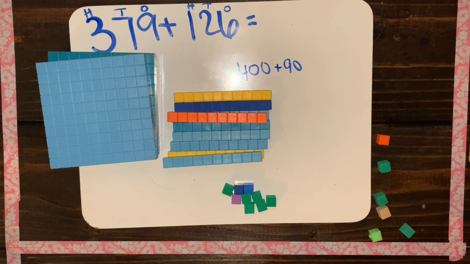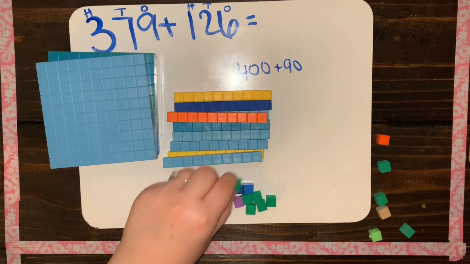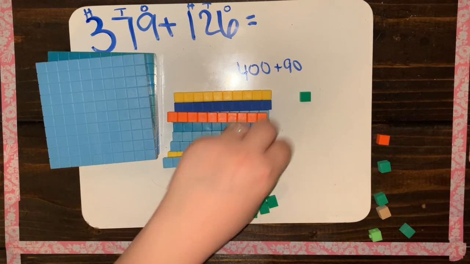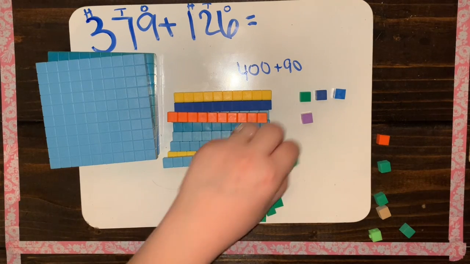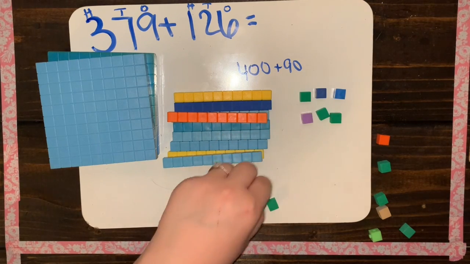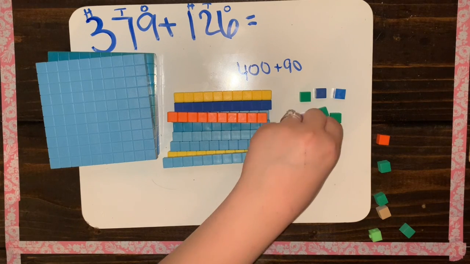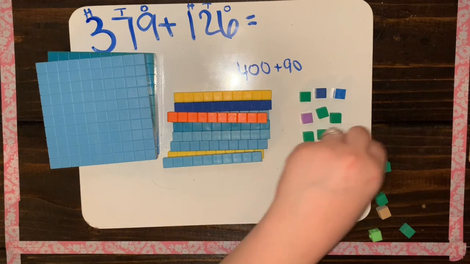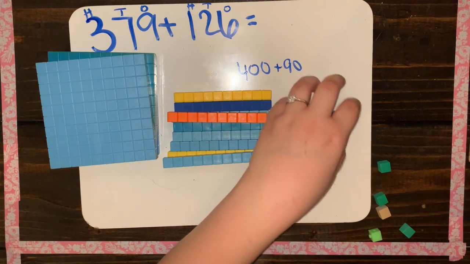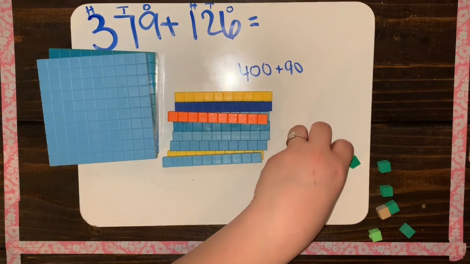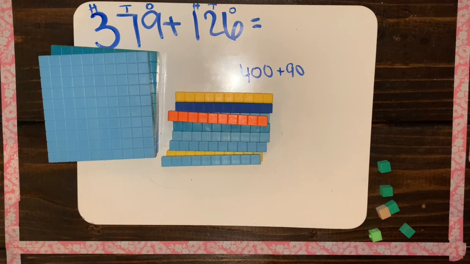And now let's count our ones. 1, 2, 3, 4, 5, 6, 7, 8, 9, 10. I'm going to go ahead and trade these 10 ones for 1 ten.